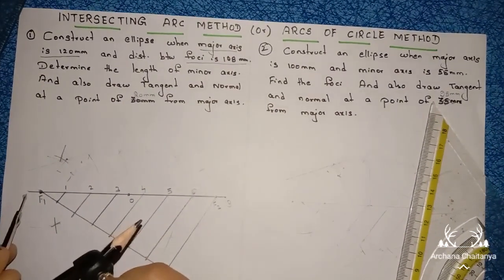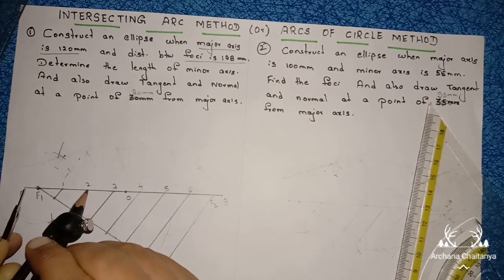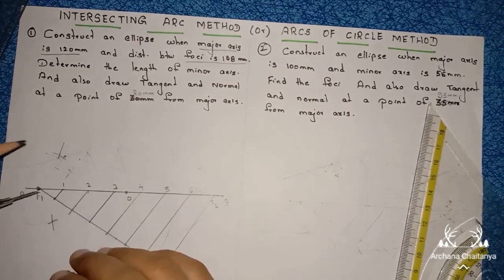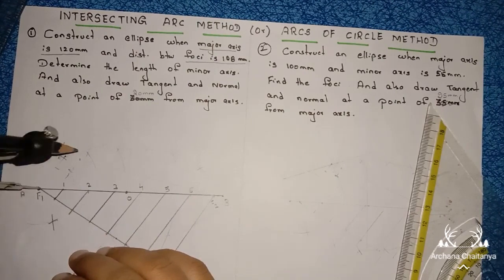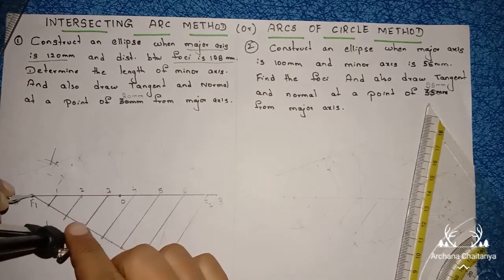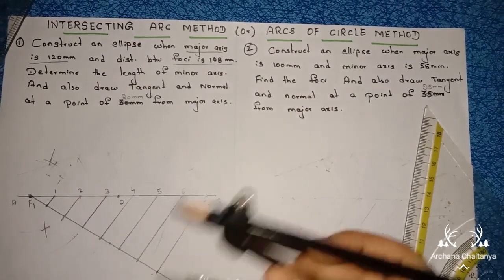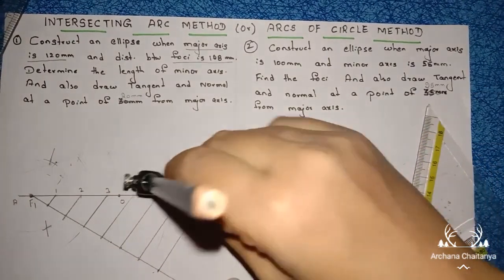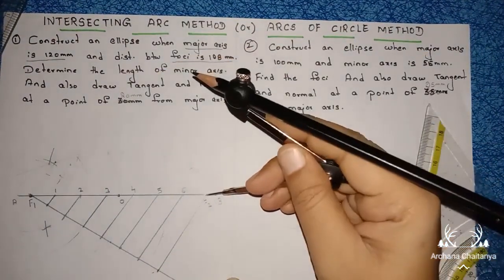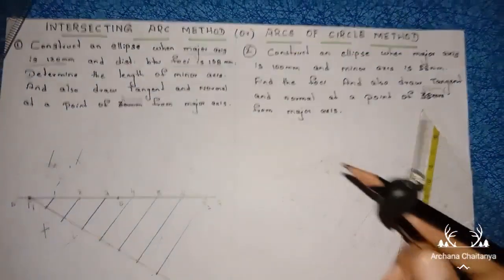Same process again. Take A2 radius, F1 as center, draw an arc above and below. Then how to cut that one? B2 as radius, F2 as center, cut the previous arc.